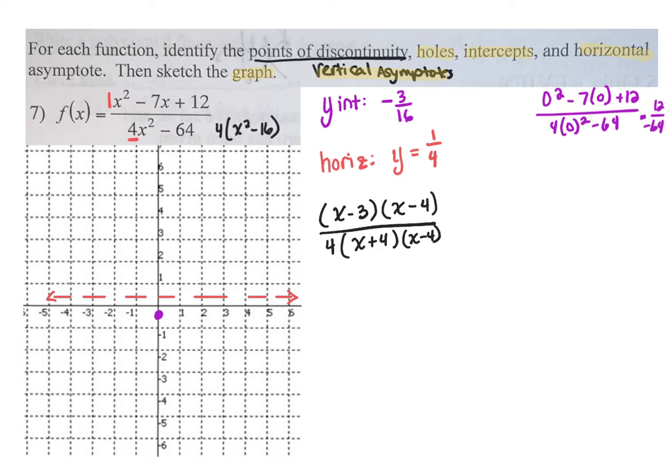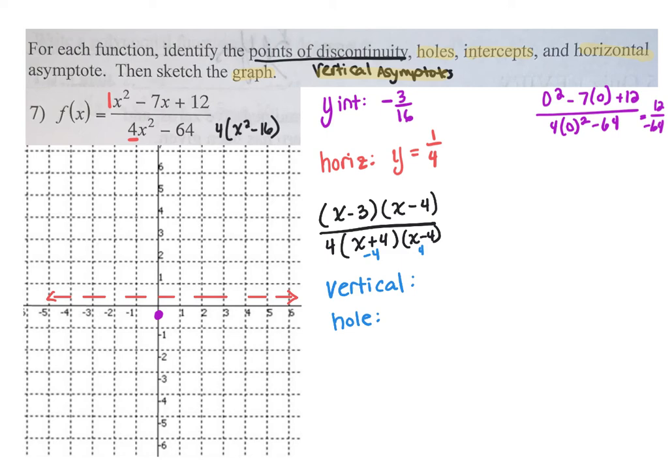Here, I am going to start deciding my discontinuities, my vertical asymptote and my holes, okay? Vertical is where the denominator is 0, but it does not cancel. Hole is where the denominator is 0, and it does cancel, okay? So where is the denominator 0? Well, it's 0 at -4 and at +4, right? -4 will zero out the x plus 4. +4 will zero out the x minus 4.